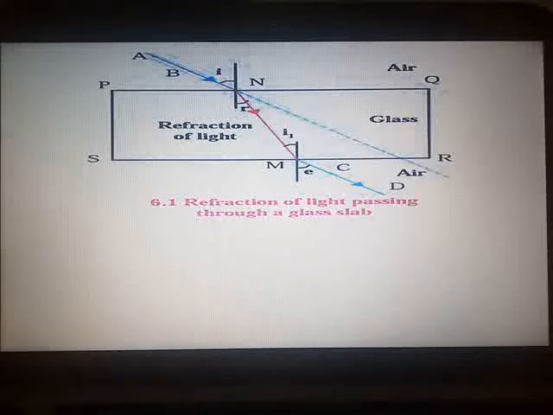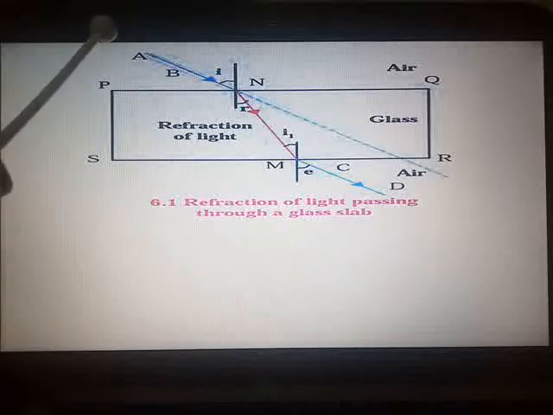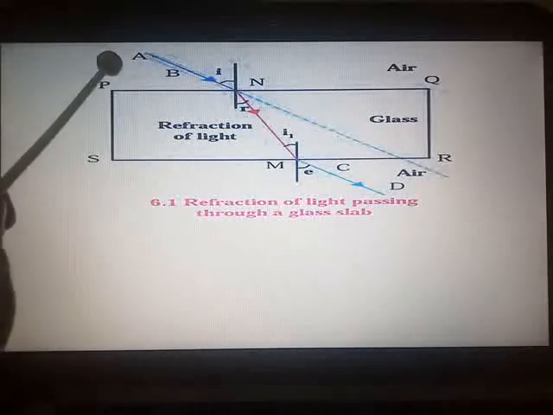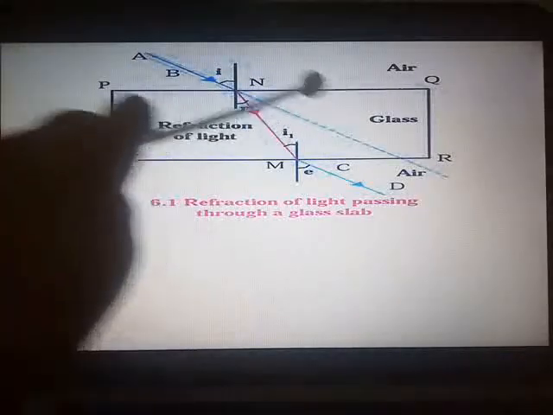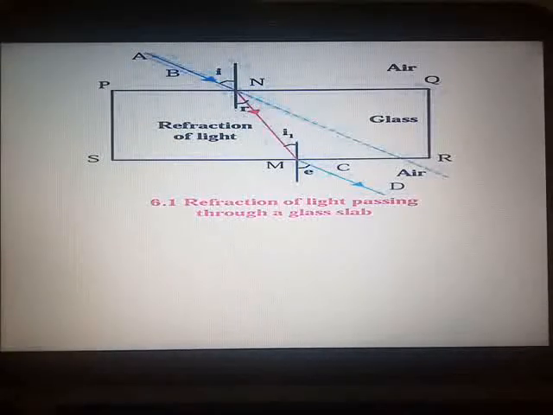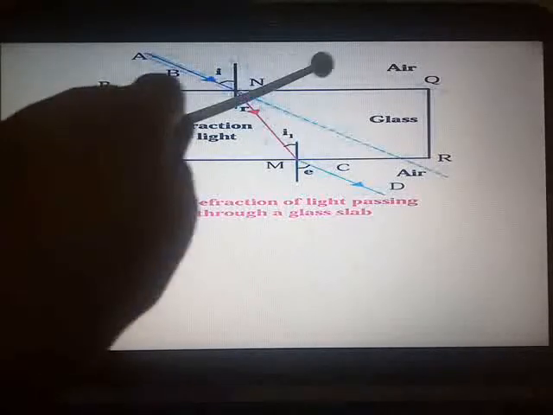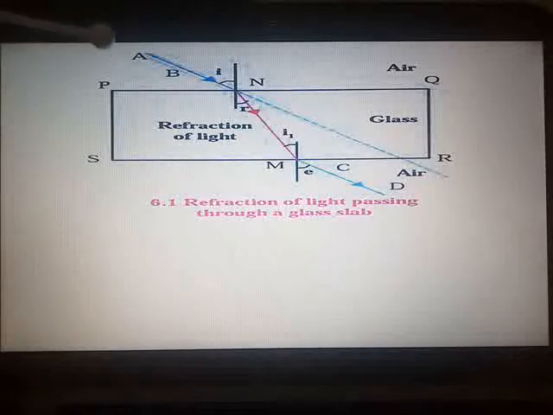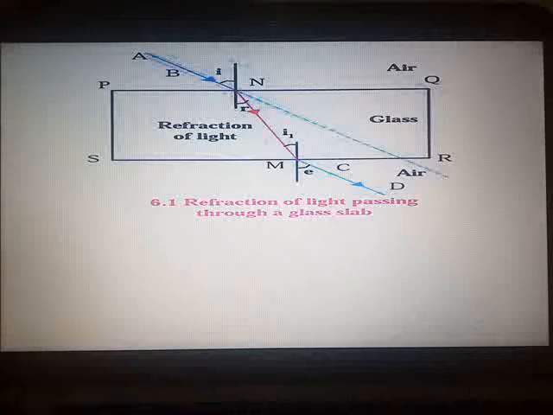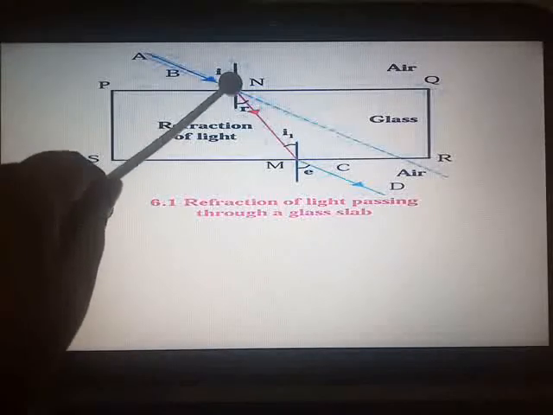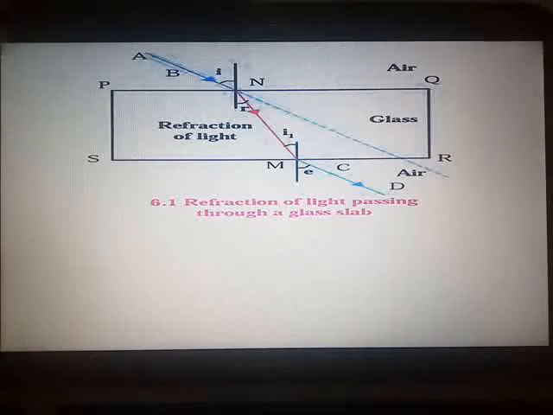So when will your first refraction occur? Your first refraction will occur when the light ray enters the glass from the air at point N on side PQ. Suppose this is the air, the first medium, then this light ray is entering into the glass slab, which is the other transparent medium, and intersecting at point N on side PQ.